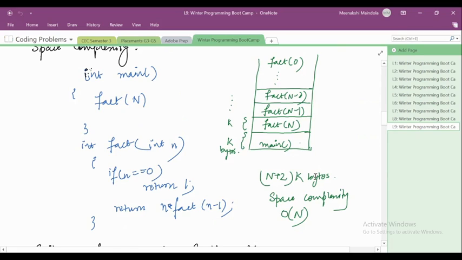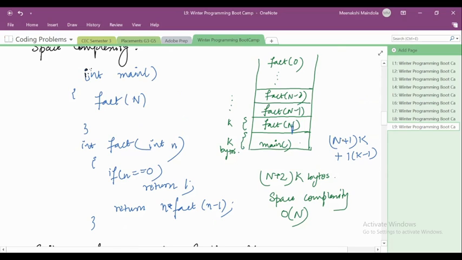So in that case, you're going to say that I am going to have n plus 1 into k as the number of bytes that it is going to take for the function call, and let us say if I have 1 into k minus 1 or even k plus 1 or k plus 2 or whatever number here, then it does not really matter for a single function because you already have so much space that is taken up in the recursive function only.